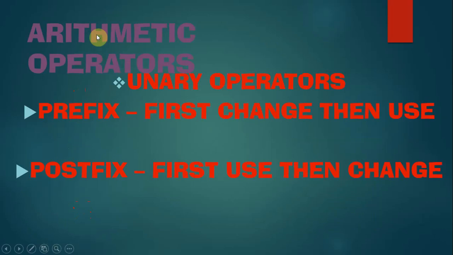Next comes arithmetic operators, and these arithmetic operators are divided into three different parts: unary, binary, and ternary. Now first we are going to study the unary operator. In unary operator we have prefix and postfix. A very easy method to remember prefix and postfix is that prefix means before. First change, then use.